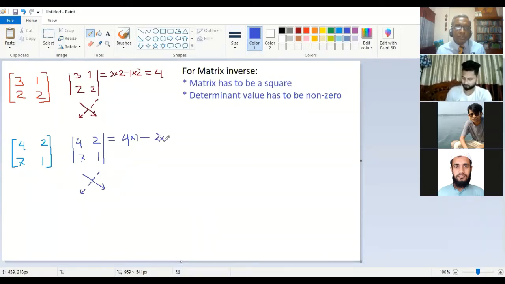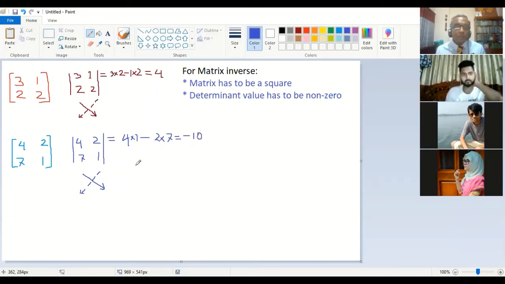So in this case the result is minus 10. So this is the value of this determinant, and the determinant is coming from the given matrix. In this case I am showing you all 2 by 2 matrices. So is it okay? You understand what is the value of the 2 by 2 determinant?